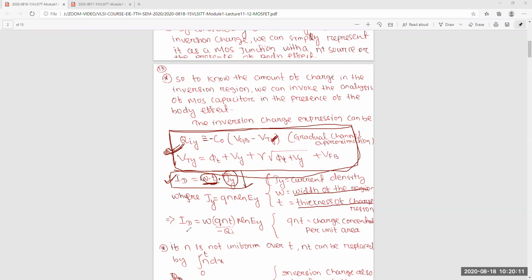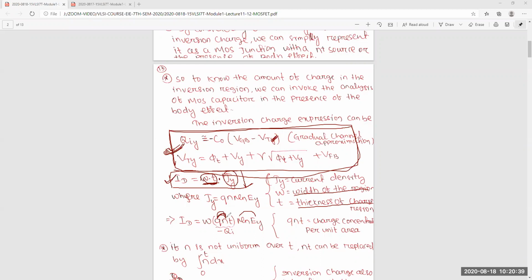Now you can see ID is nothing but, here, Jy. We can define Jy in this way: Jy is equal to Qn mu n electric field. This is actually drift current.